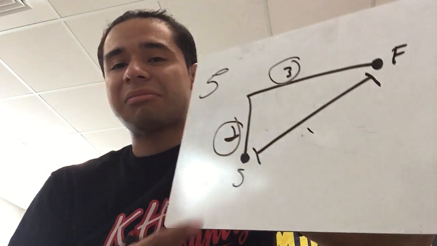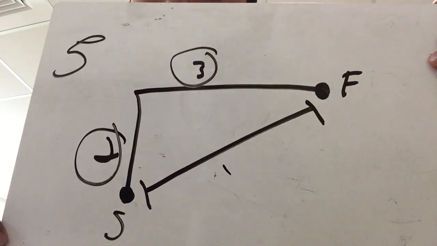How would you find that? In this case, since it's like a triangle, we'll do the Pythagorean theorem, which is 2 squared plus 3 squared equals c squared, and c squared equals 4 plus 9, 13.